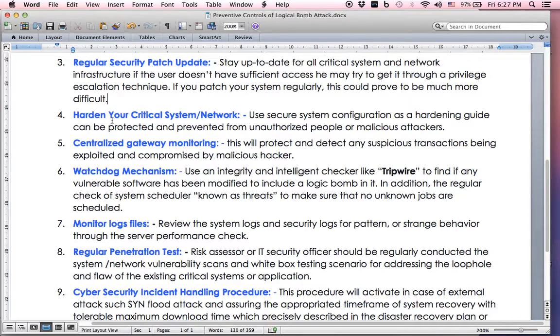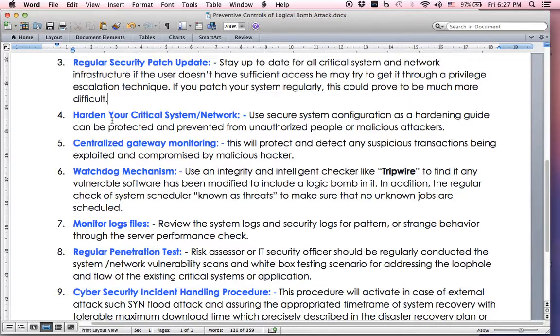Security hardening will harden whatever is involved with loopholes, vulnerabilities or flaws of the system, to make sure the attacker cannot compromise it based on the known best practices for loopholes.